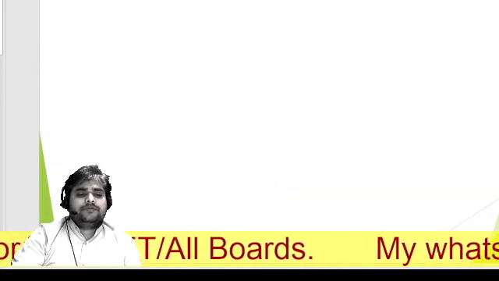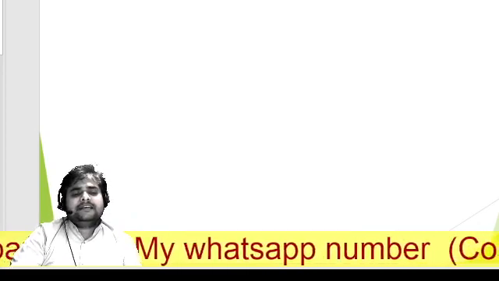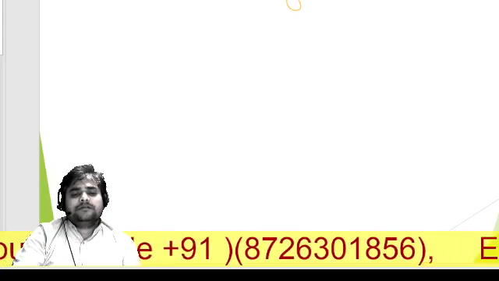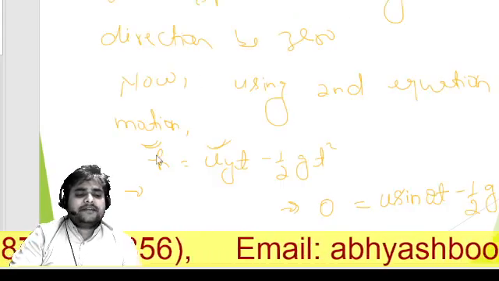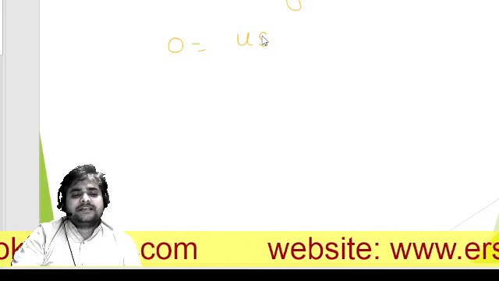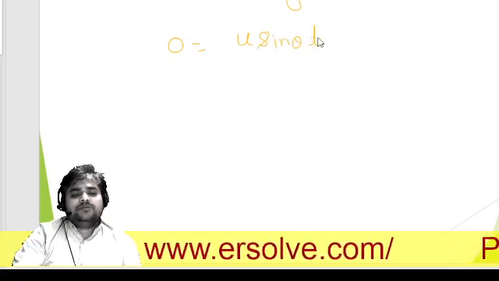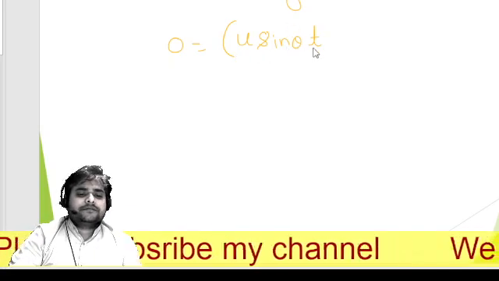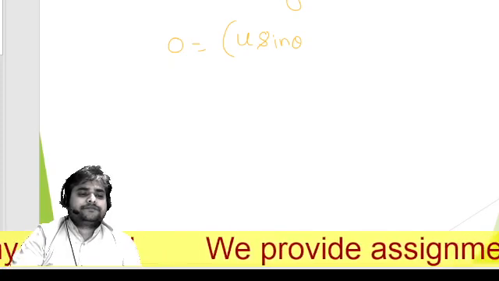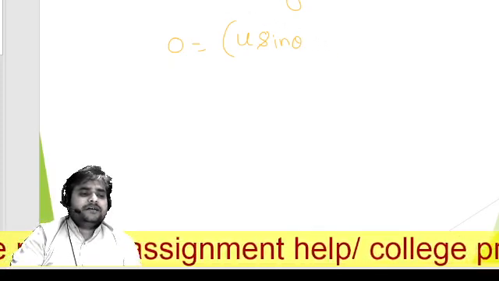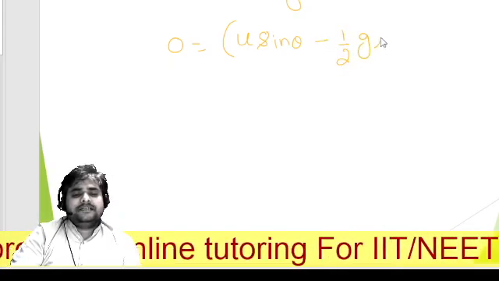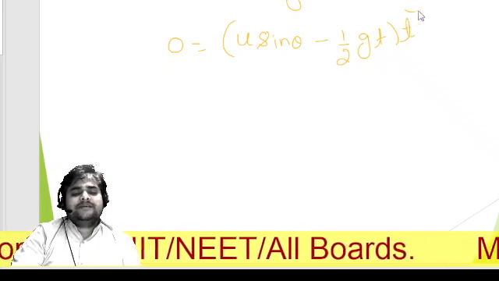Now taking t common, we can say that 0 is equal to t into u sin theta minus 1 by 2 g into t, because we have taken t common.